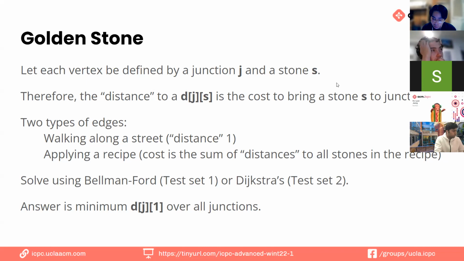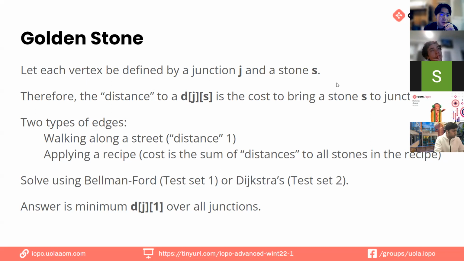You try every stone type, and then you propagate along all the edges, the actual walking edges, where you bring all of the stones you can make to an outer city or a junction that's connected to it.